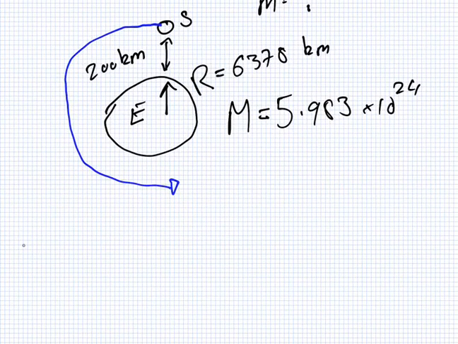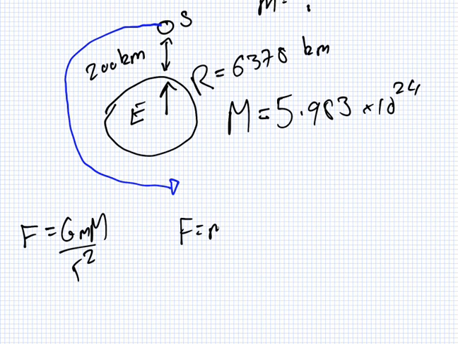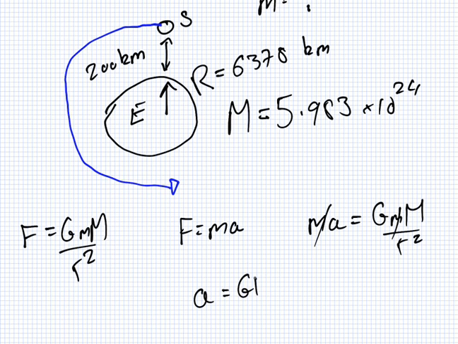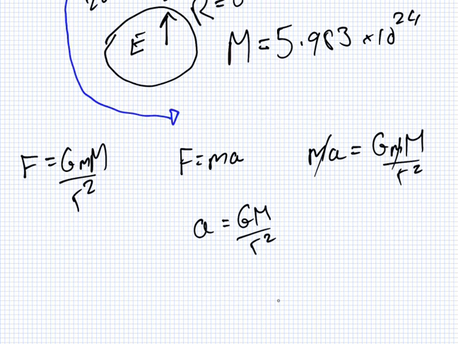So we have F equals GMm over R squared, but F equals ma. So you get ma equals GMm over R squared. And you realize now that the small m is not important. So we get a equals GM over R squared.